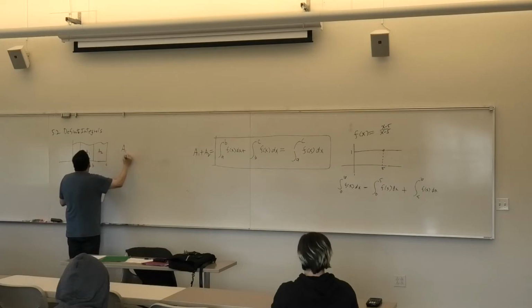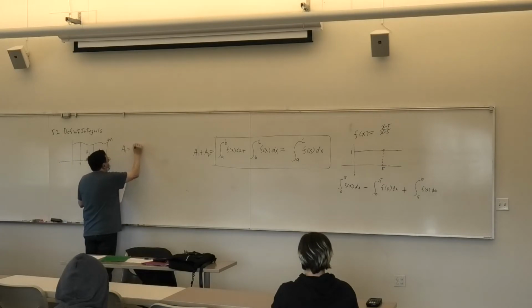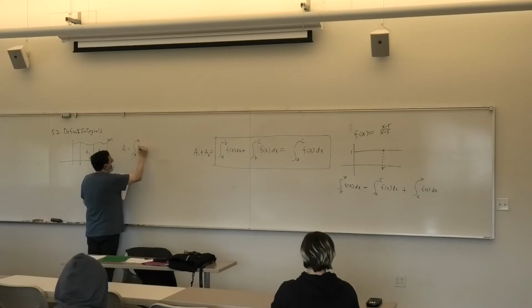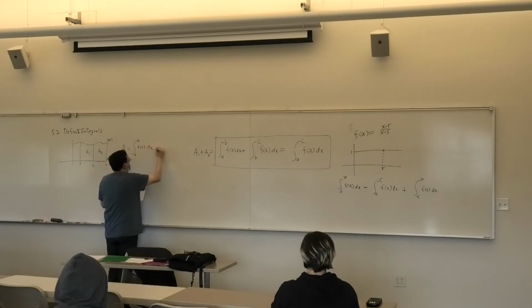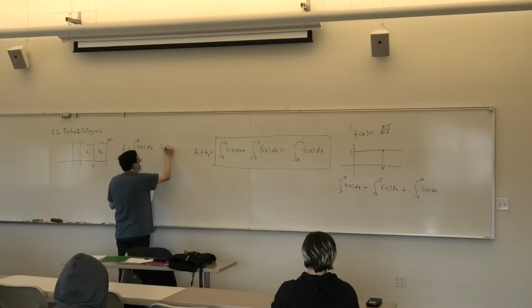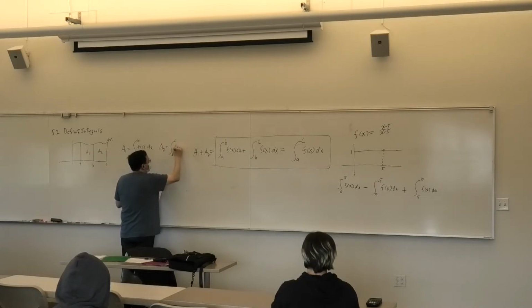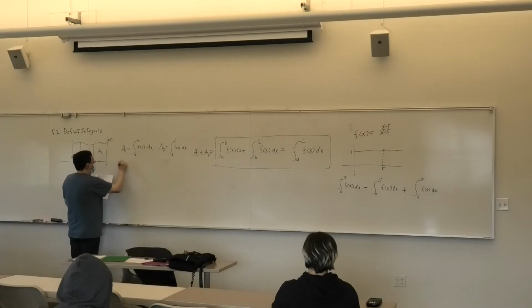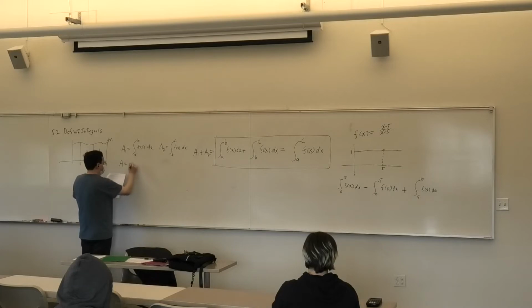So I have that A1 is the integral from a to b, A2 is my integral from b to c, and of course A is equal to A1 plus A2.